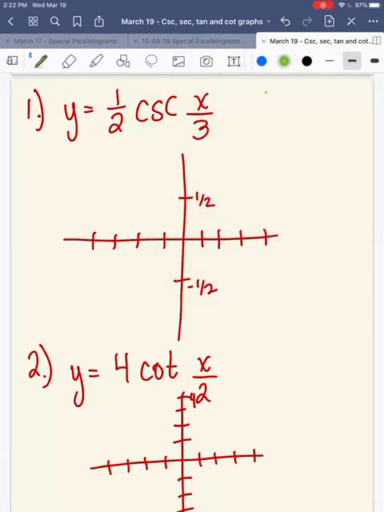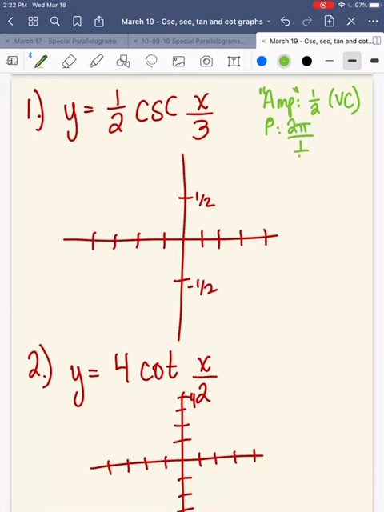All right. So let's do our amp. I'm going to assume everybody's okay that the amplitude is actually none, so I'm just going to skip writing that part and just put the 1/2 and then the vertical compression. And then the period. All right, so this is cosecant. So is cosecant 2 pi or pi?